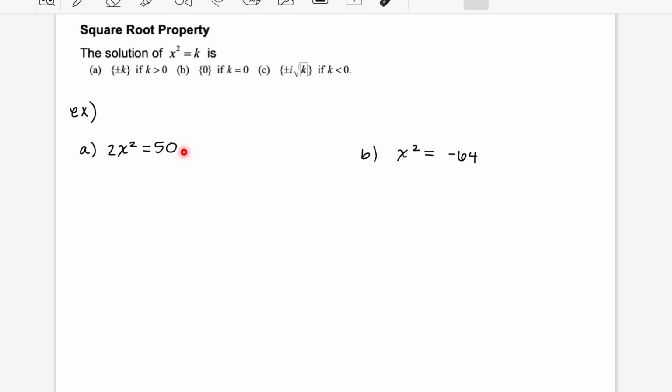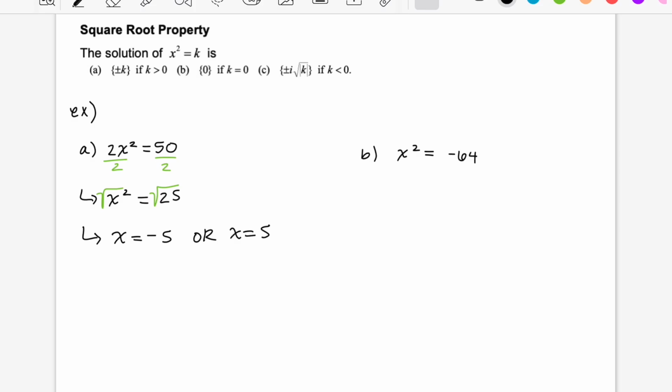If we're given this quadratic equation, we want to solve for x. We want to figure out for what x values we'll make this equal to 50, and we can do that by solving for x. The first thing we'll do is divide by 2 on both sides. So we get x squared is equal to 25. And we need to get rid of this square, so we'll take the square root of both sides. And so what we end up with is x is equal to negative 5, or x is equal to positive 5.